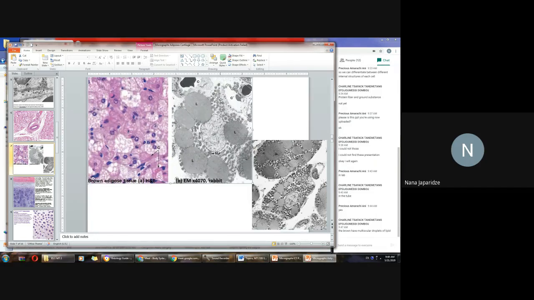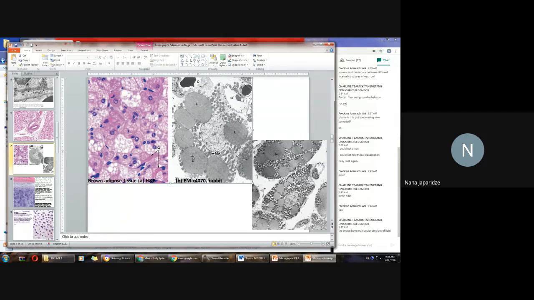Plus, you can see here a transverse section through the capillaries. Look, this is a red blood cell, RBC. One of these cells is surrounded by 1, 2, 3 capillaries. It means that this type of tissue is highly vascularized.